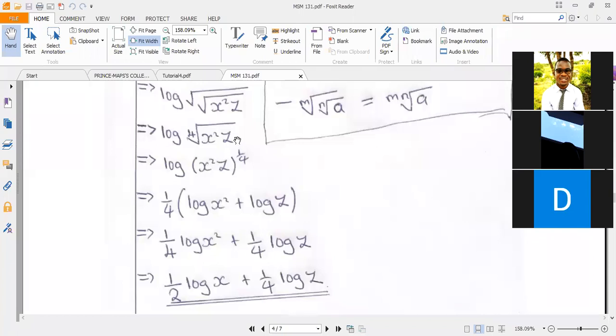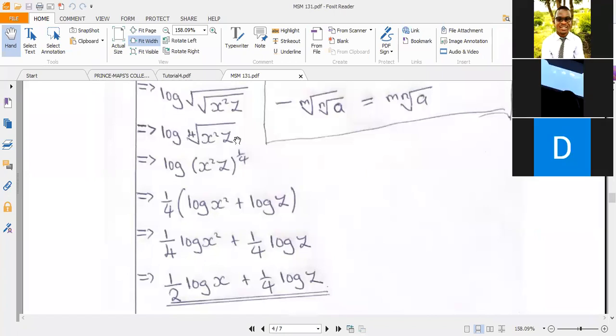Salome, send a message on chat, I'll be able to see it. So the root of x squared is just x. When we introduce the root of x, it will be different from x. So that's why we squared the x, so that when you introduce the square root, it will still be the same. It won't change our question. I hope that is clear.